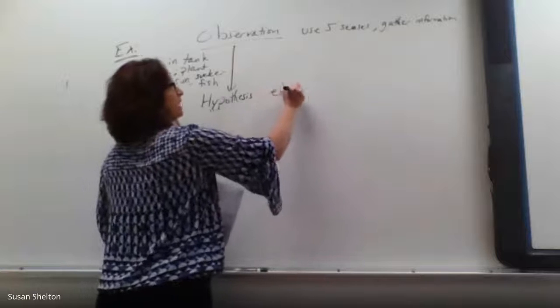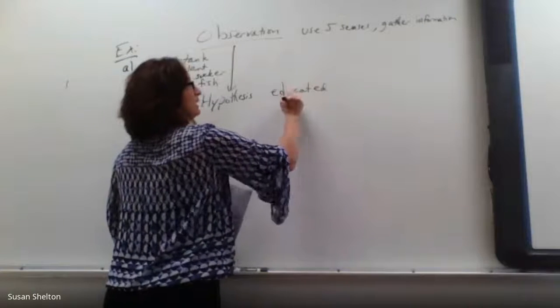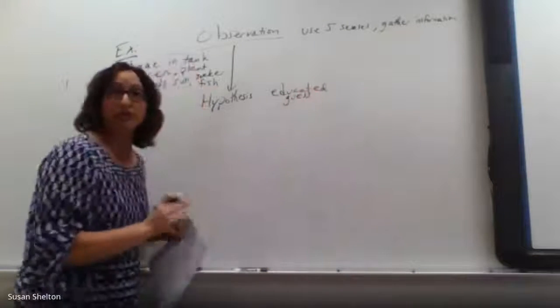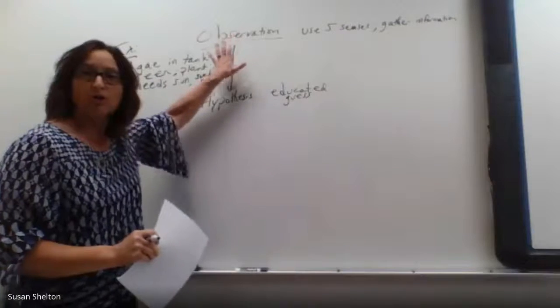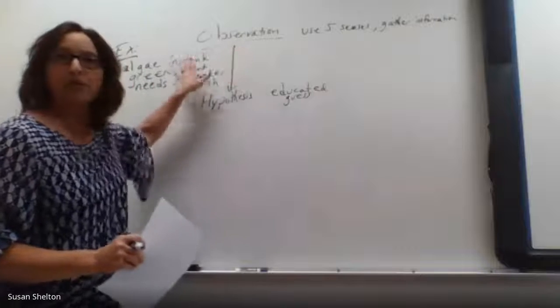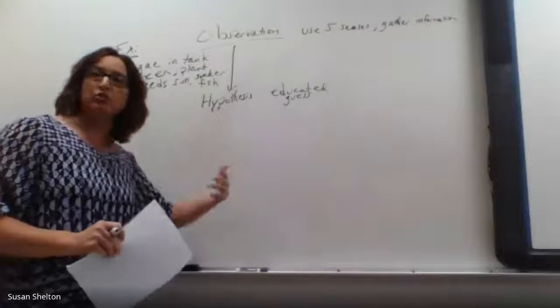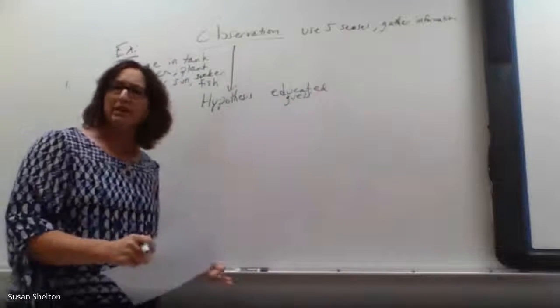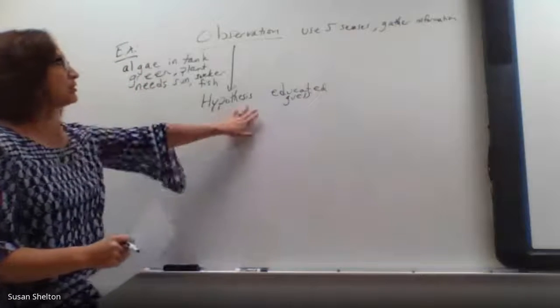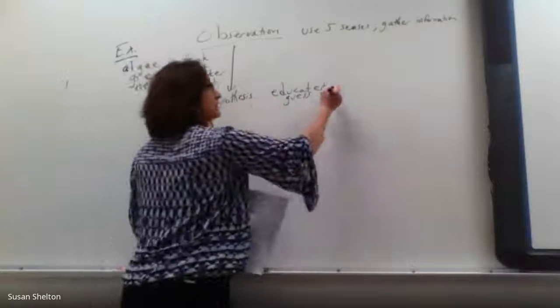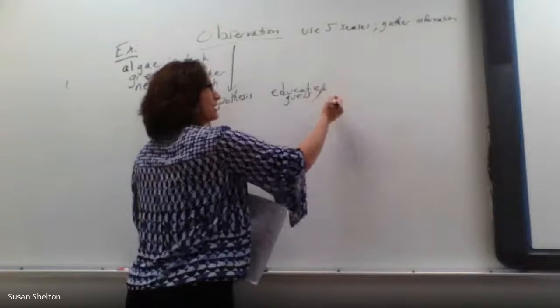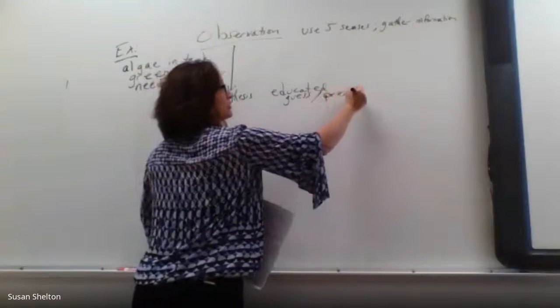It is an educated guess. It is not just a guess, because it's educated because you did all this background work. You gathered all the information that you knew prior to making your guess. And you can call it a guess, a prediction, an educated guess, or an educated prediction.